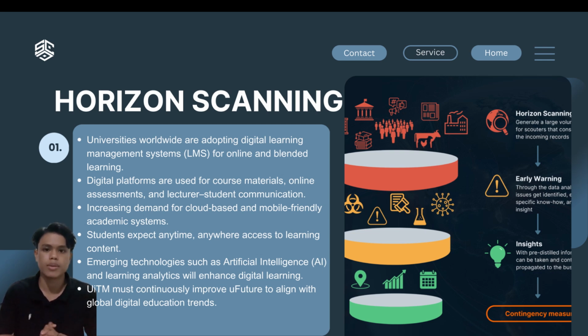In the future, emerging technologies such as artificial intelligence (AI) and learning analytics will further enhance digital learning. Therefore, UiTM must continuously improve the UFuture system to align with global digital education trends.